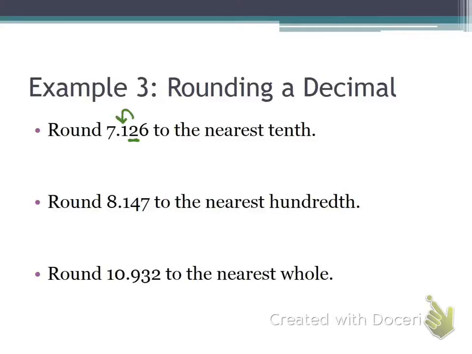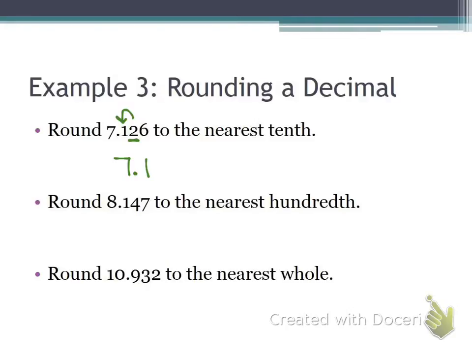Okay, and there's a little saying that goes, 4 or less and let it rest. 5 or more, raise the score. Okay, which means just raise that number 1 digit. So since there's a 2 in the hundredths place, what happens to my 1? It just stays as 1. 7 and 1/10, right? That's how we say it.